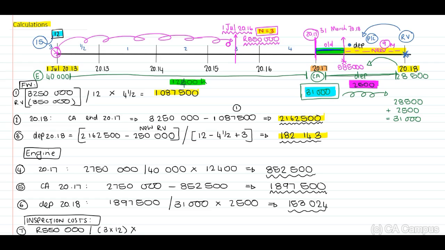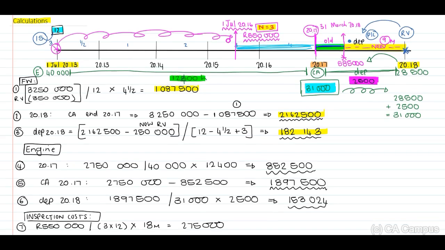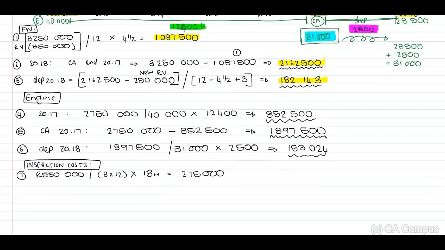Times how many months? When you look at our timeline, for 18 months, guys, this light blue section, times 18 months, and this will be an amount of 275,000.